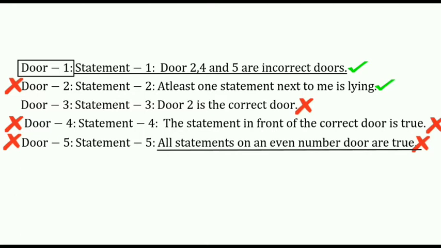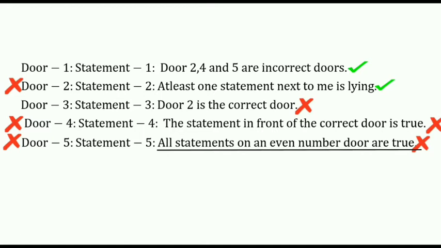That we will consider. So making statement 1 true, we have to make statement 5 false, and actually statement 5 is false. So making the fifth statement false is the correct choice.